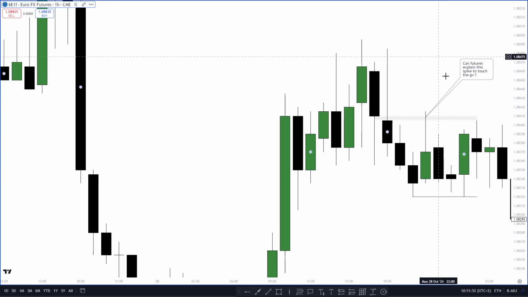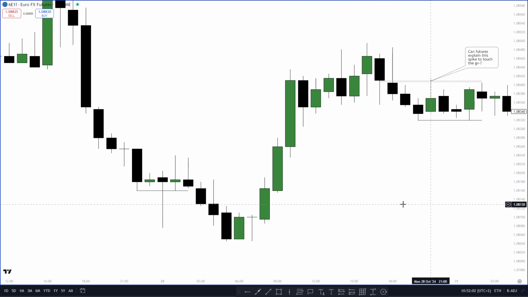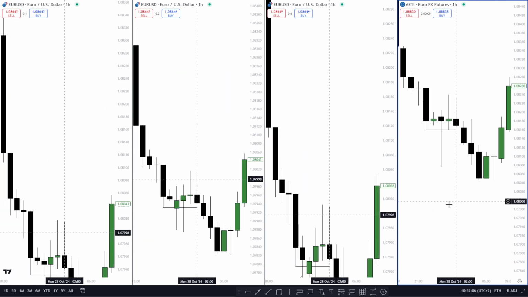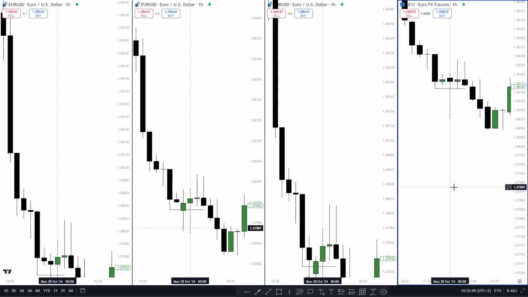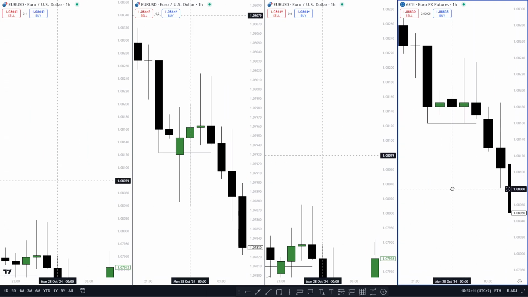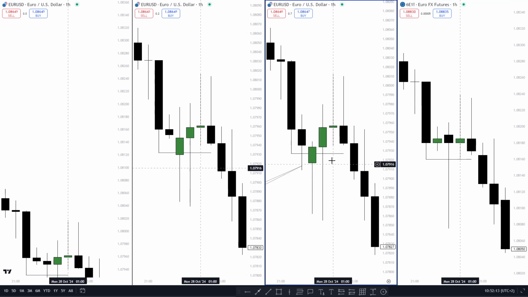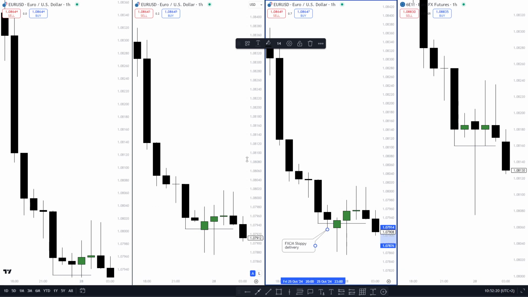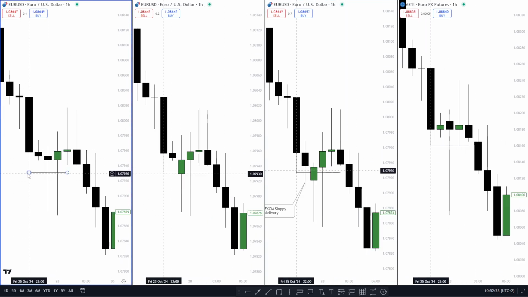That's why I use the futures, because these are very, very important reference points for the algorithm or whatever it is. Okay, now look at this. Another thing to see and to look for. So this candle, look at the discrepancies between all the brokers. So we have less expansion.